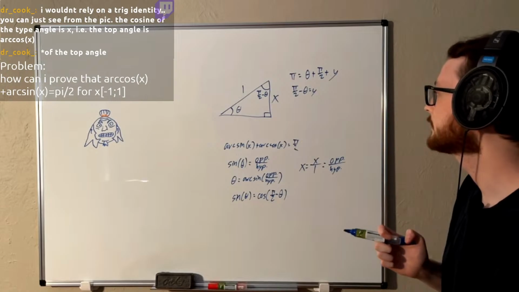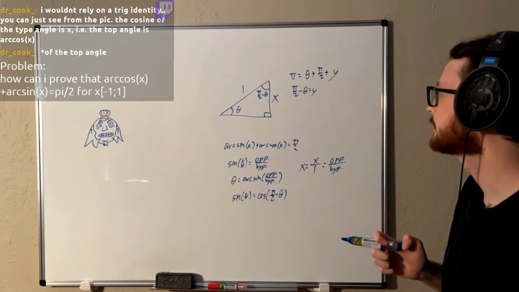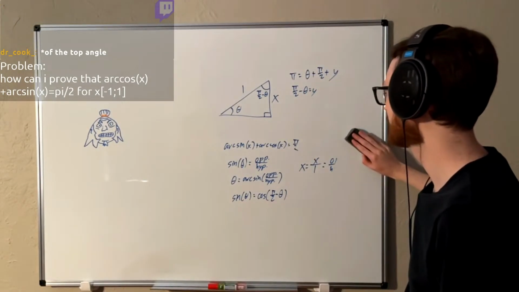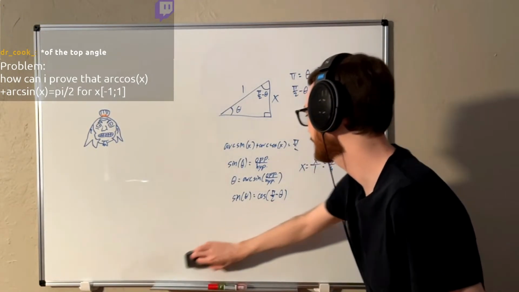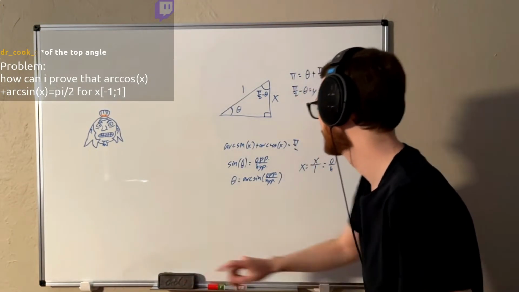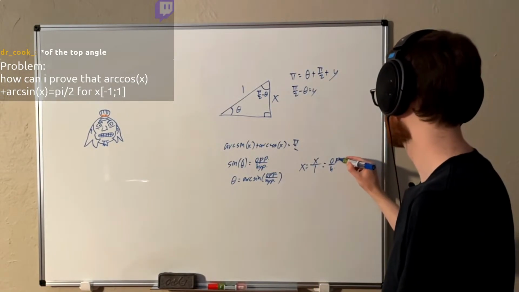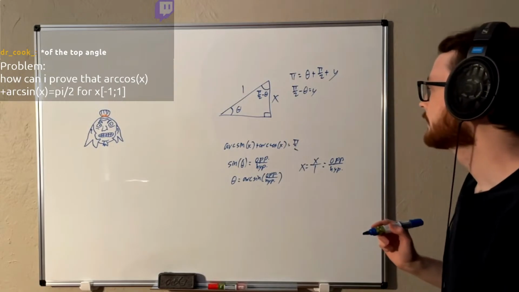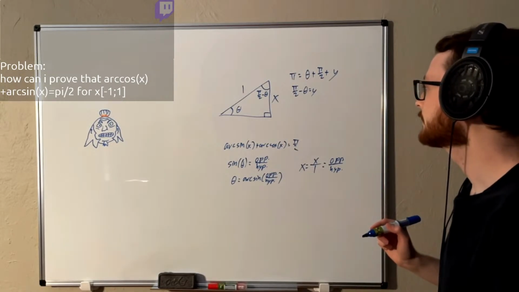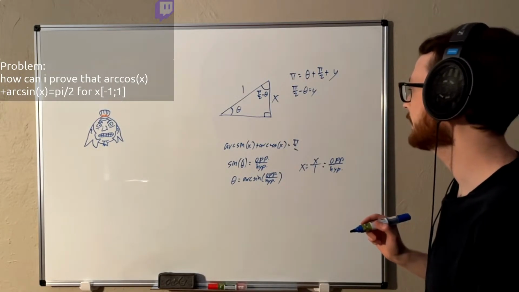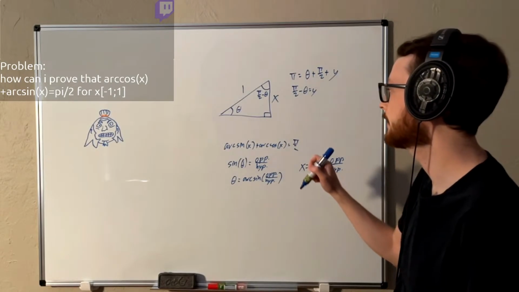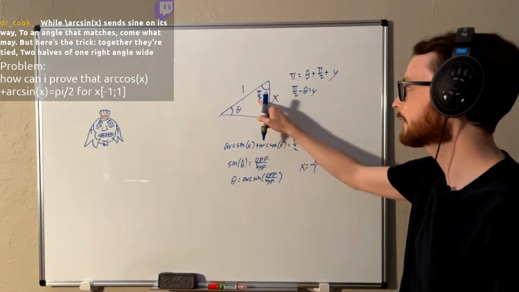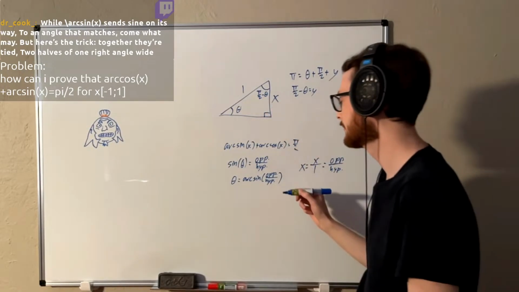Well, this can actually stay, I guess. I don't need that. And I think all that we need to know now is that arc sine of x is this angle, and arc cosine of x is this angle.